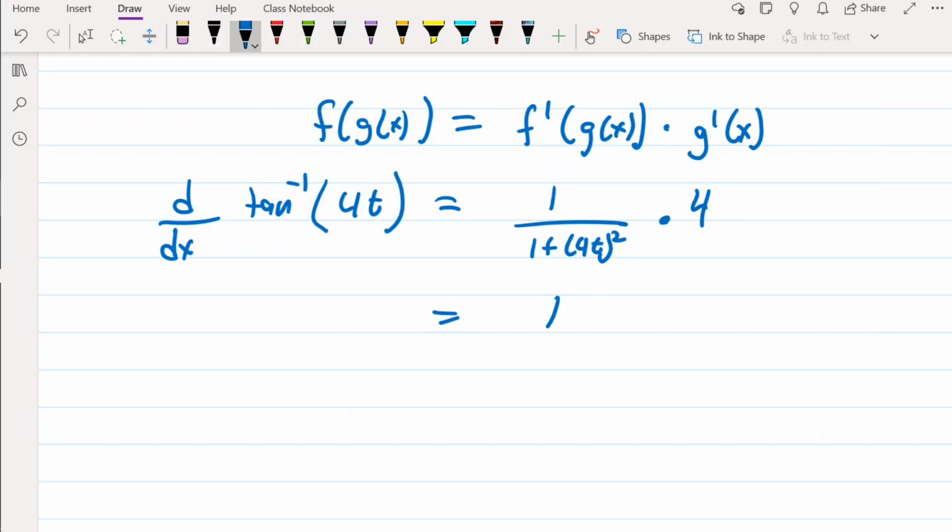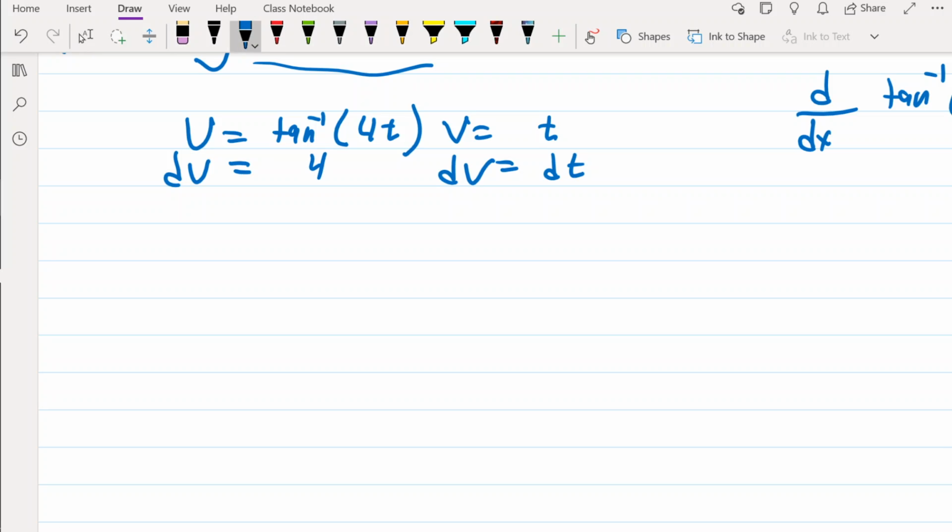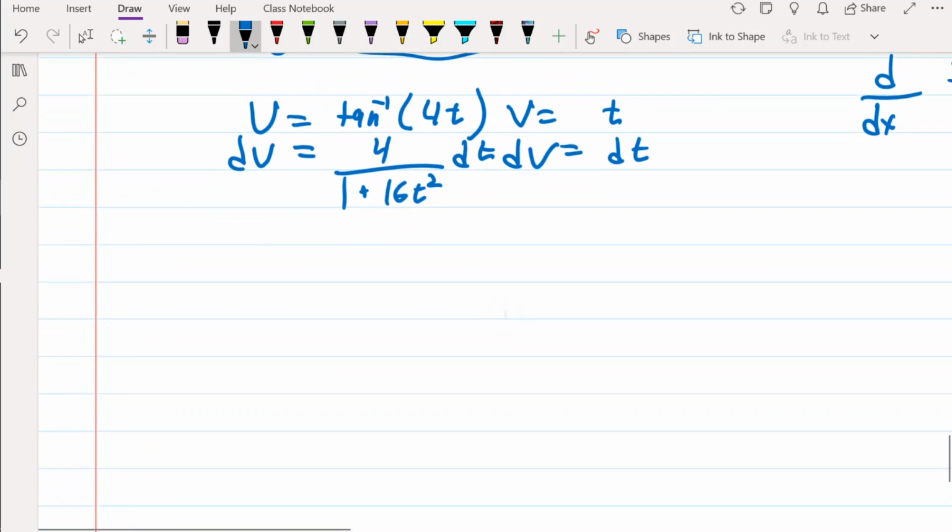So that equals 1 over 1 plus 16t squared, times 4, and as this is the derivative, we want to make sure we have our dt there.